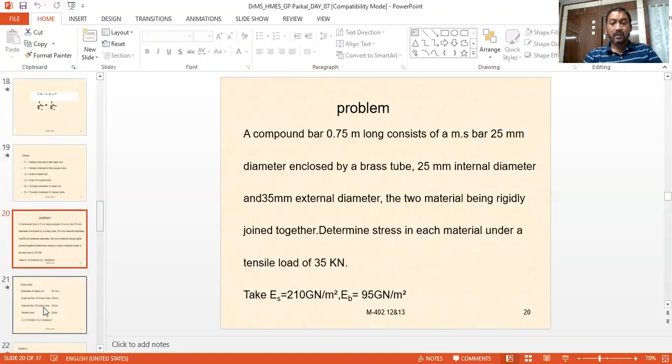Now, by solving this problem, we can understand the stresses produced in the composite sections more clearly. So we should first write down this problem, then we can go into the solution.